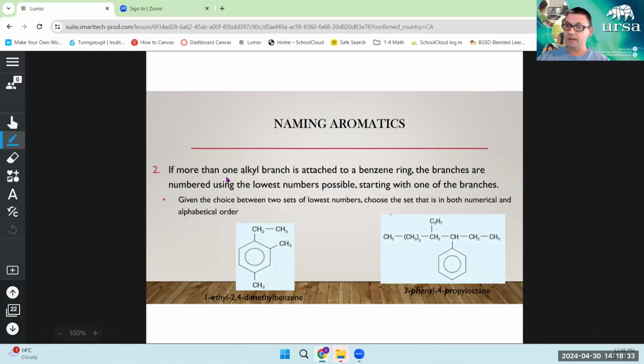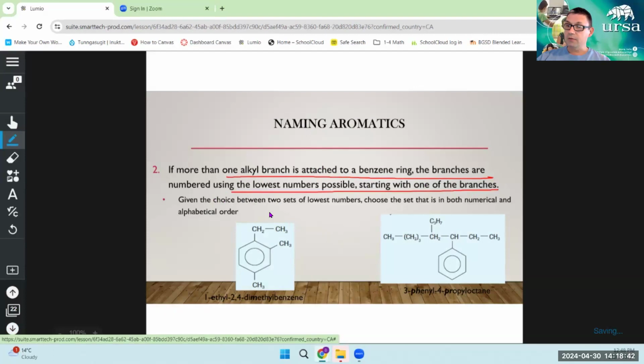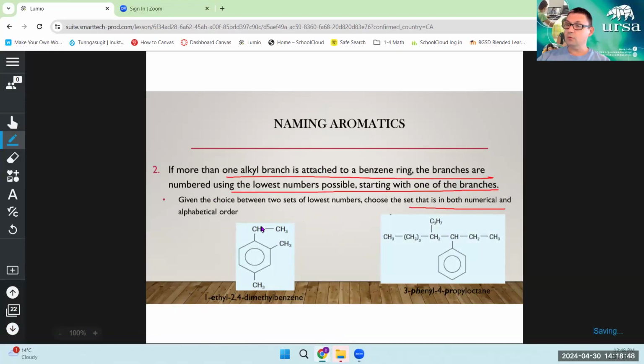So again, just to recap, in naming, if there's more than one alkyl branch, the branches are numbered using the lowest numbers possible, starting with one of the branches. If you have a choice, such as we see here in this example, choose the set that is both numerical and alphabetical order. This one here, 1-ethyl-2,4-dimethyl benzene.